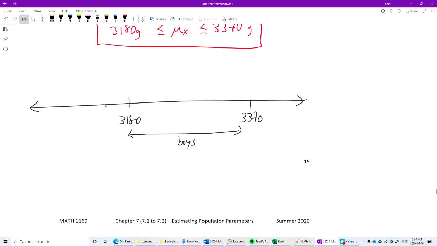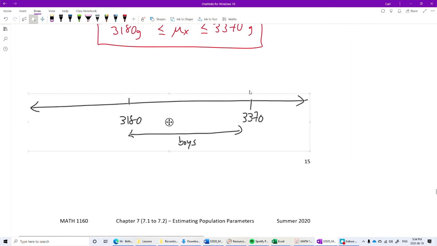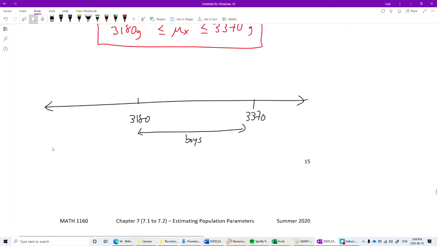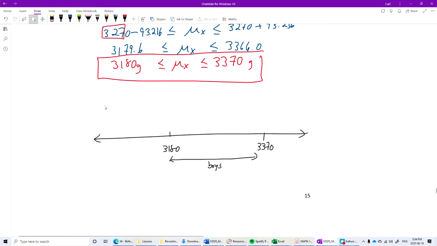3130 is actually less than that. So now I regret making this so big. Let me shrink it a little bit. I'm surprised actually. I would have thought that at birth there should be not much difference between the boys and the girls.